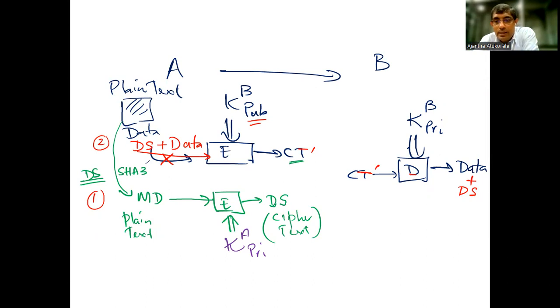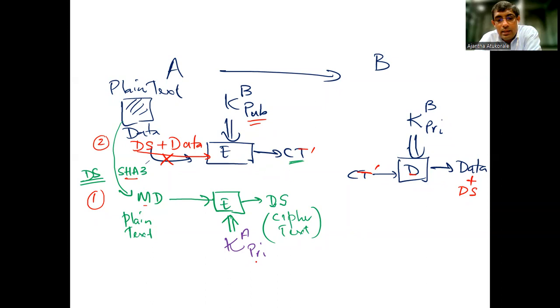So these are the steps. Even without looking at the receiver side, I will redo that. Whenever you want to send a digitally signed document to the other side, this is your data. First, get that data through SHA-3 or a hashing algorithm. You get the message digest, which is plain text.